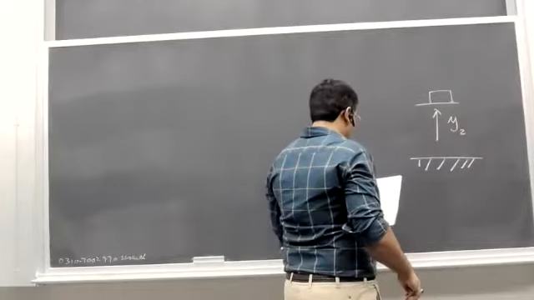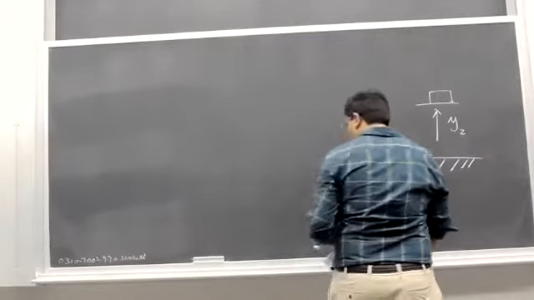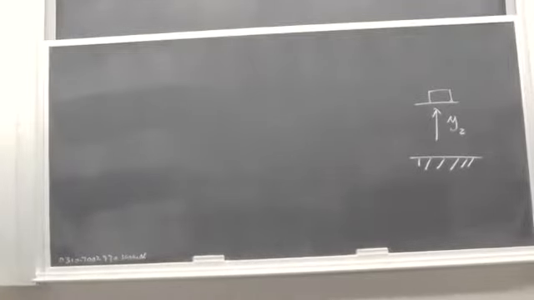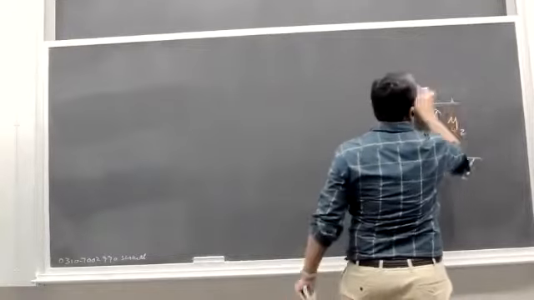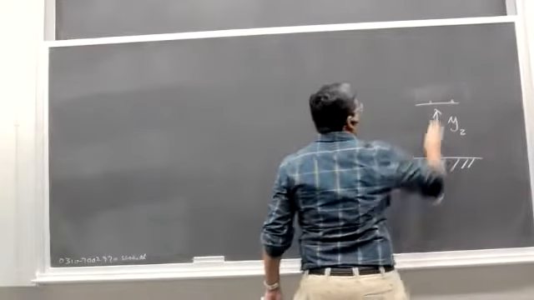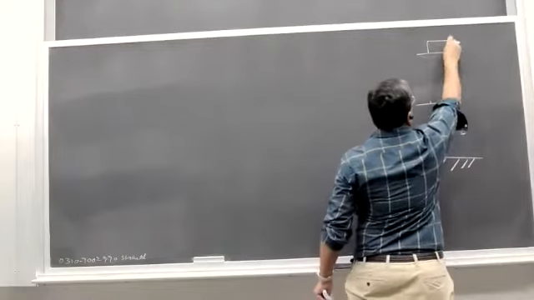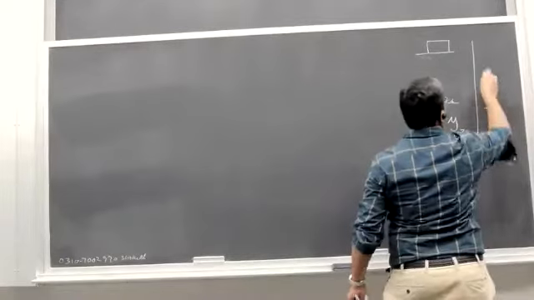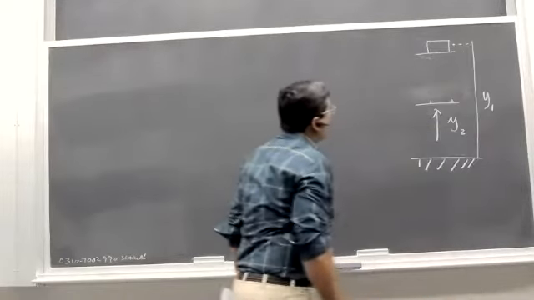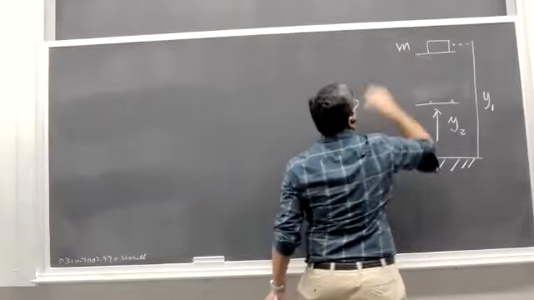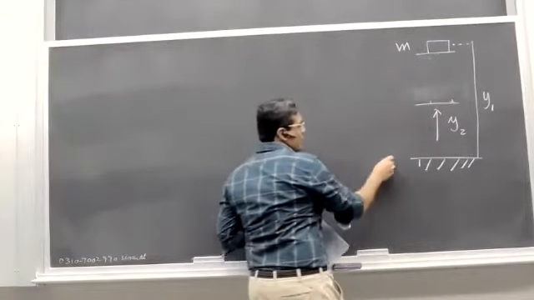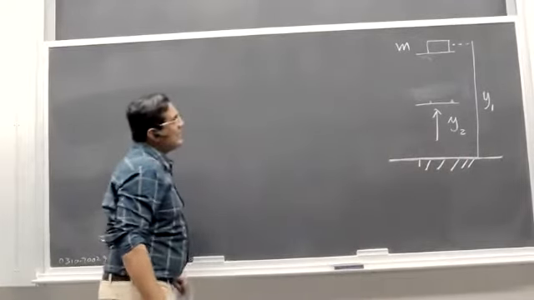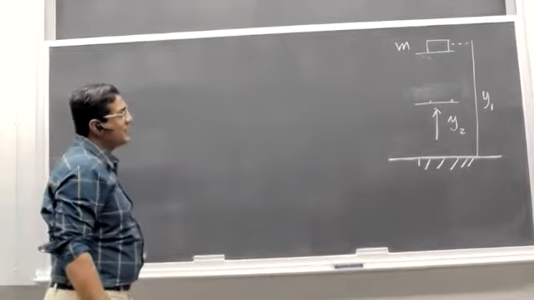Or even better, let's say that it's initially somewhere here, at distance y1, and it has a certain mass. With respect to the ground, with respect to this point, what is its potential energy, or what is its ability to do work?